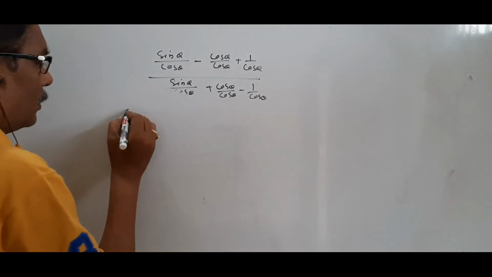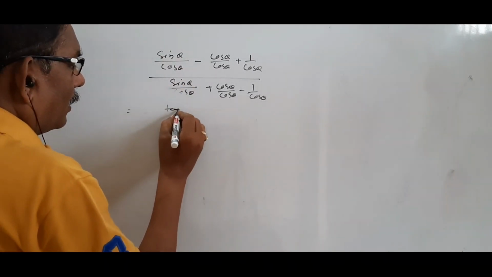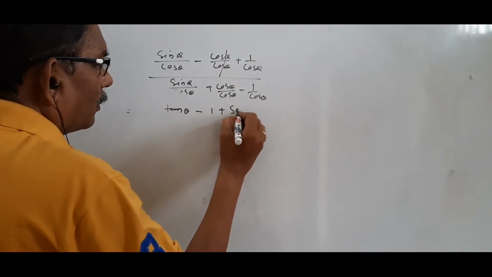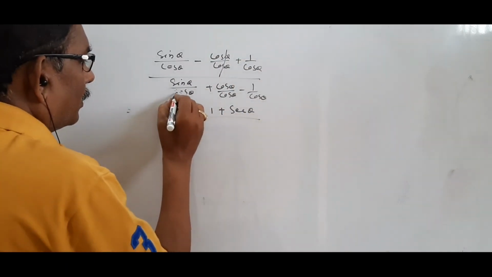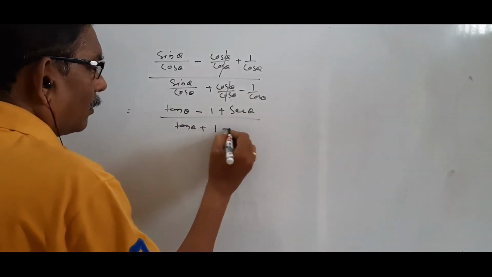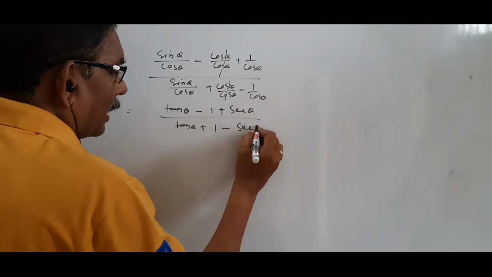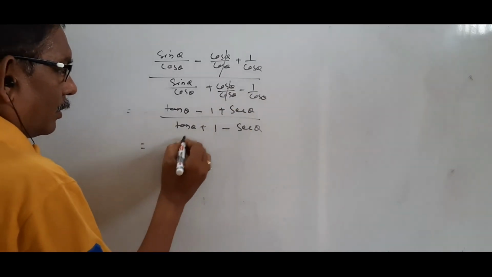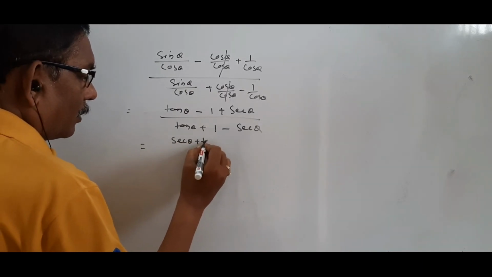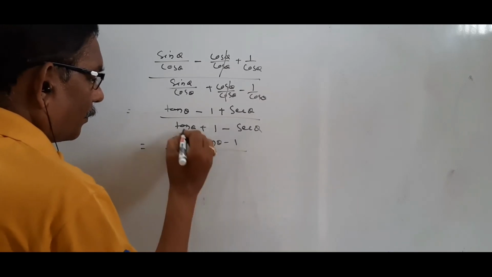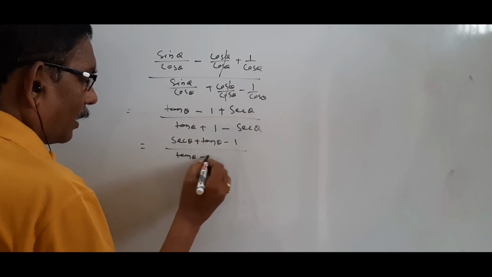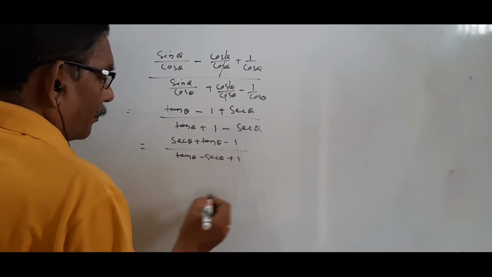Sin by cos is tan theta, and 1 by cos is sec theta. We will write again in this way: sec theta plus tan theta minus 1 over tan theta minus sec theta plus 1.